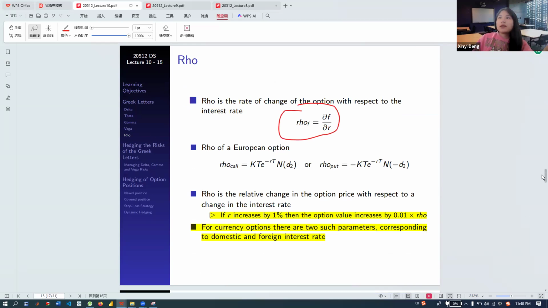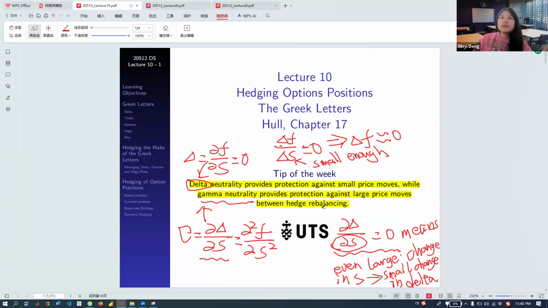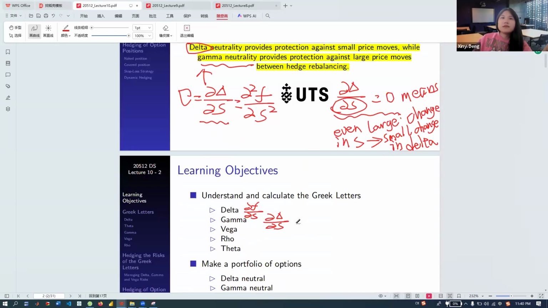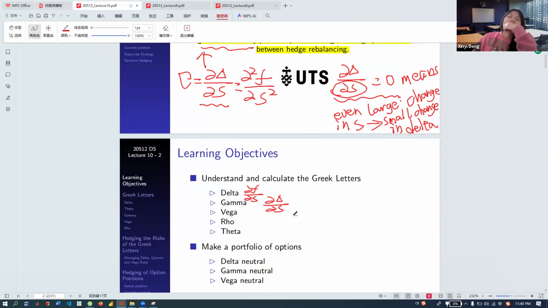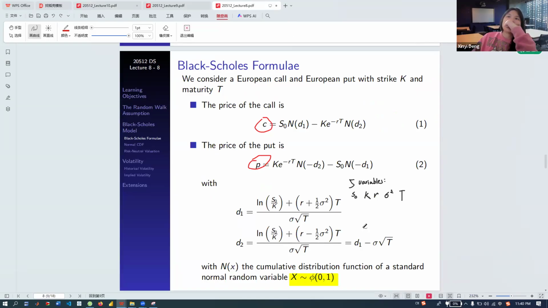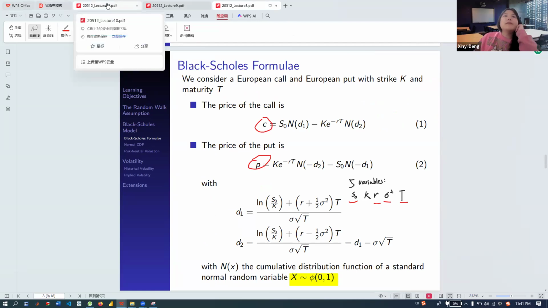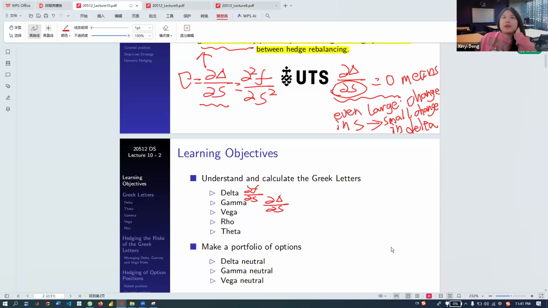Now let me go back. Also to correct my previous discussion, we not only focus on S, sigma square and time, we also discuss R as well. Now let's get back to here.